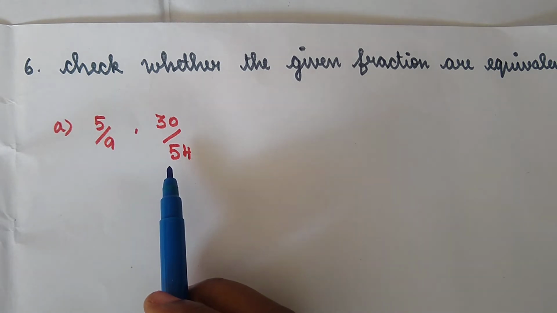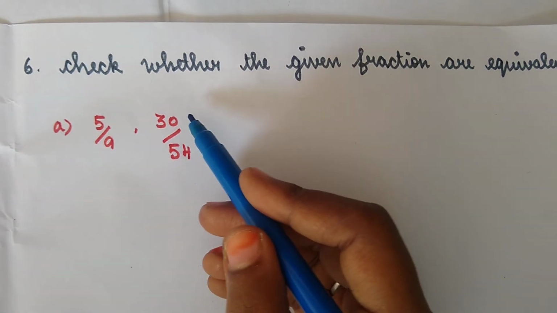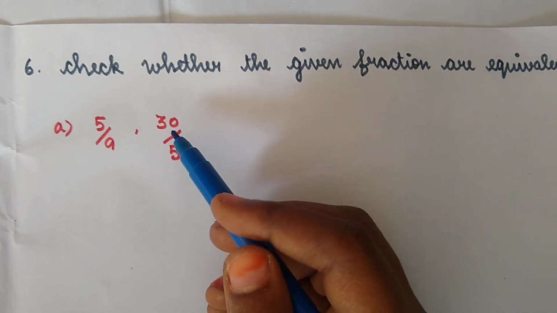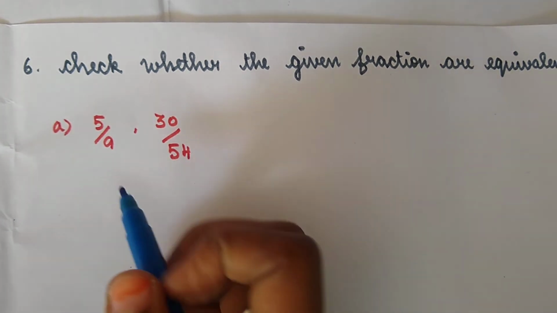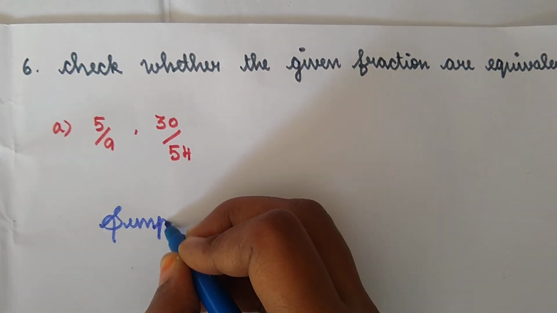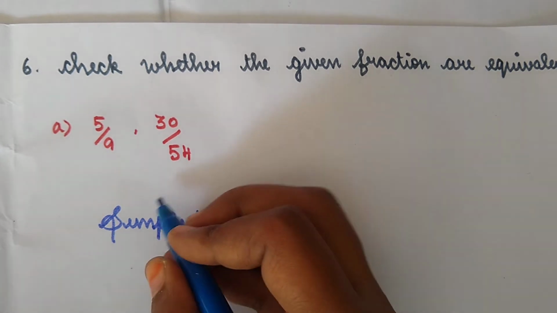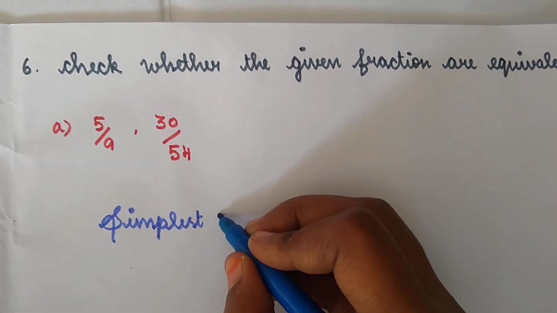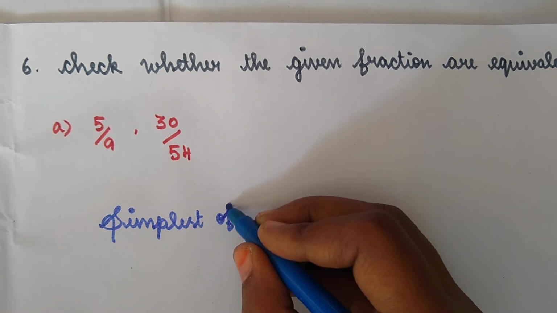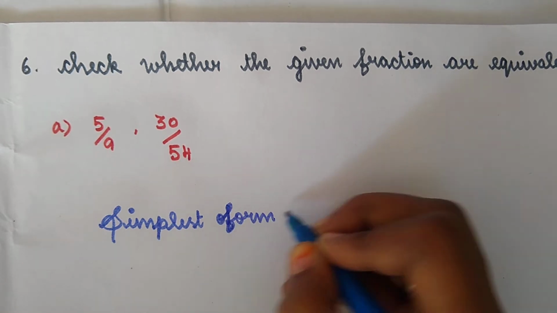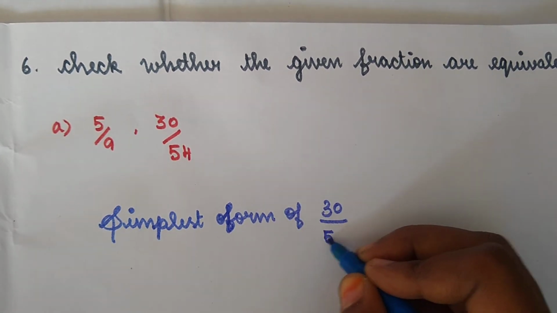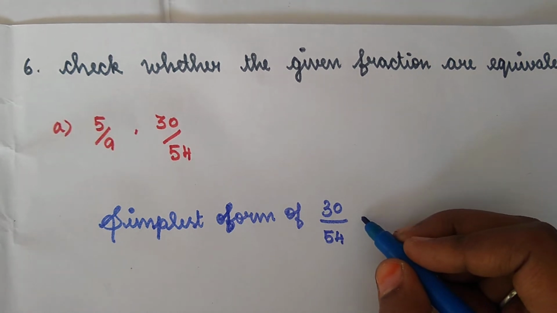See this subdivision, which one is the greater number? Here 30 by 54 is the greater number. Compare this with 5 by 9. So we have to find the simplest form of 30 by 54, because 30 by 54 is greater.